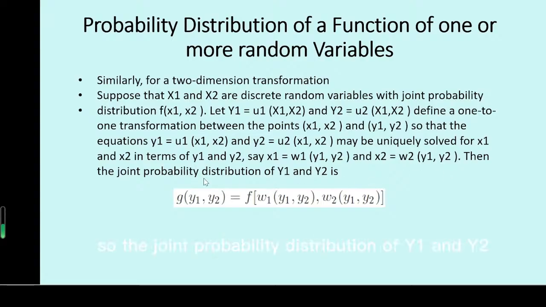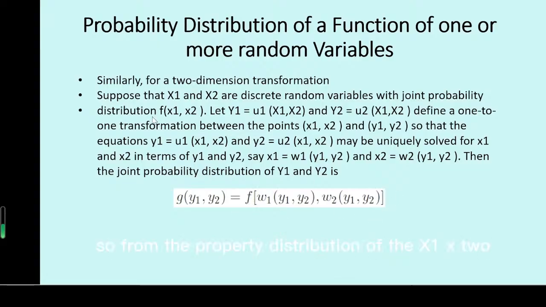So the joint probability distribution of Y1 and Y2, g(y1, y2), equals the same form as the joint distribution of X, but here we just fill in x with w1(y1, y2) and w2(y1, y2).